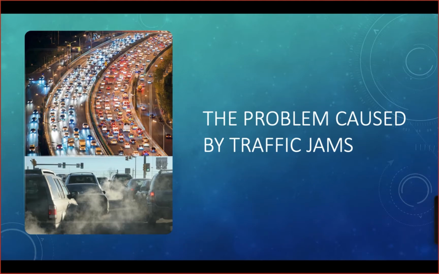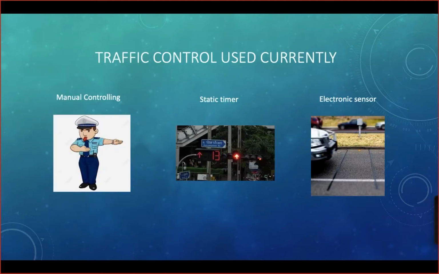It is so important to find solutions to reduce pollution. In fact, there are already some. The old one is manual controlling, traffic controlled by policemen. It is okay for small areas, but it is a disadvantage in megacities because humans cannot see everywhere. Traffic lights with timer is the most used in the world.